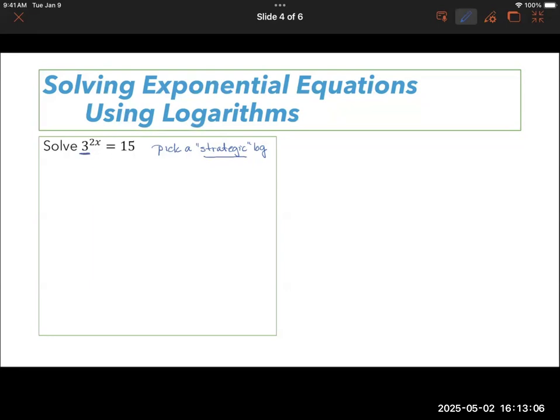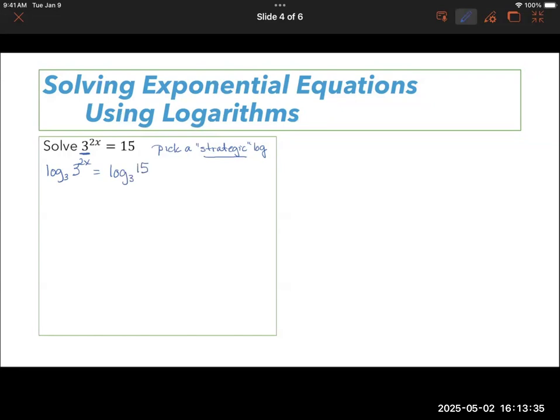And just like any other inverse operation, like dividing or square rooting, we're going to do this to both sides. So I'm going to take the log with a base of 3 of the left side, which is 3 to the 2x, and I'm going to take the same log with a base of 3 to the right side, which was 15.